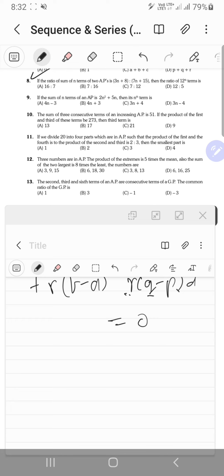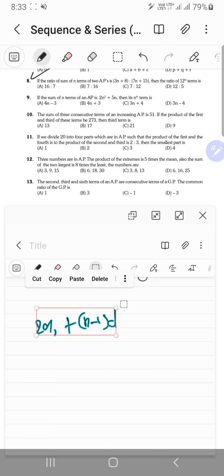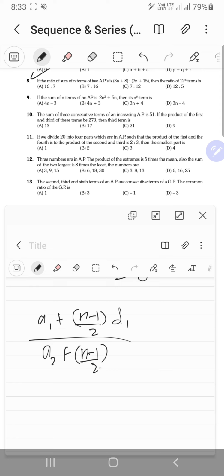If the ratio of the sum of n terms of two APs is this thing, and the ratio of 12th terms is, I've seen this question once. So the ratio of the sums of n terms, better than that, let's just use this directly: a1 plus (n minus 1)/2 d1 upon a2 plus (n minus 1)/2 d2.